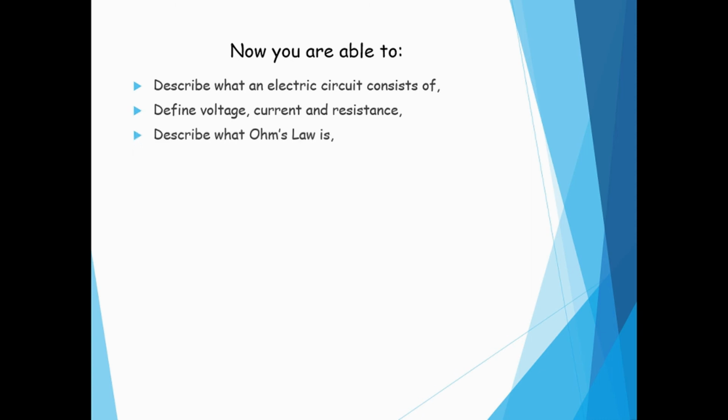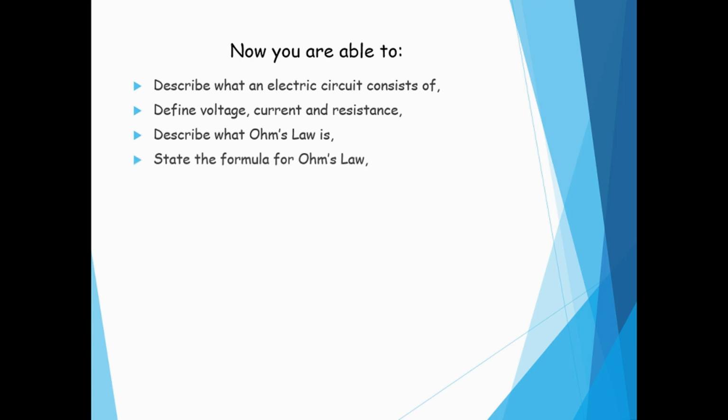Describe what Ohm's law is. Ohm discovered that there is a direct relationship between voltage and current and formulated that as voltage equals current times resistance, or resistance equals voltage divided by current.